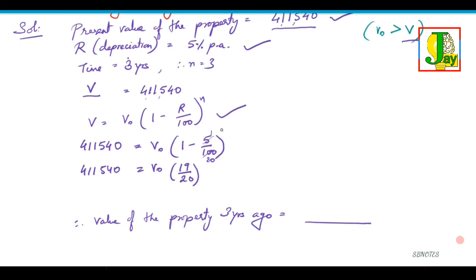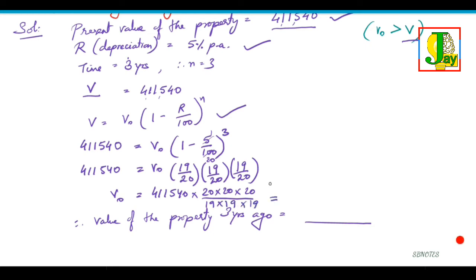And the time is 3 years, so 3 times. V original equals 4,11,540 into 20 into 20 into 20 divided by 19 3 times.